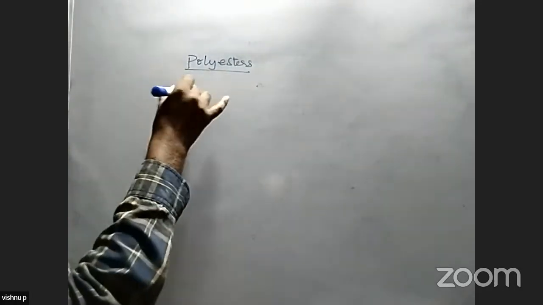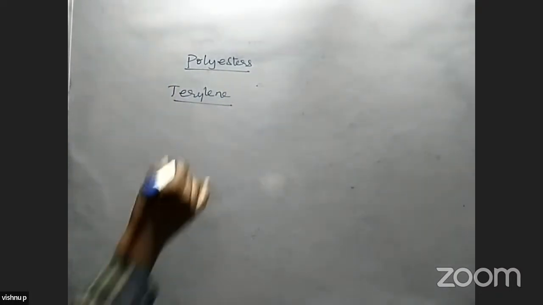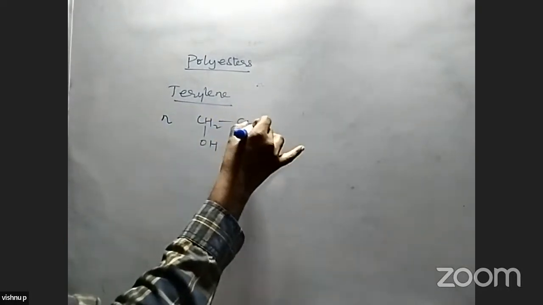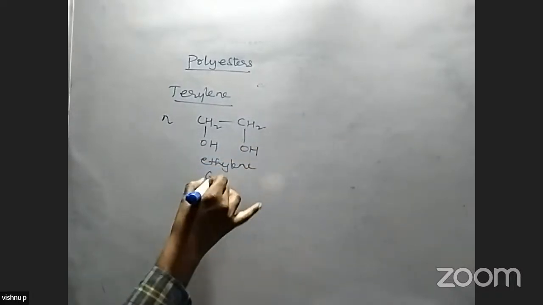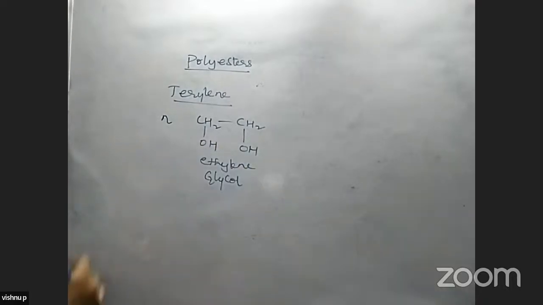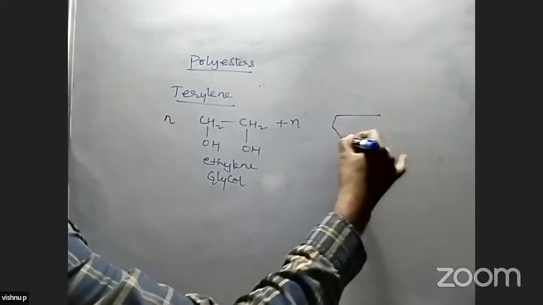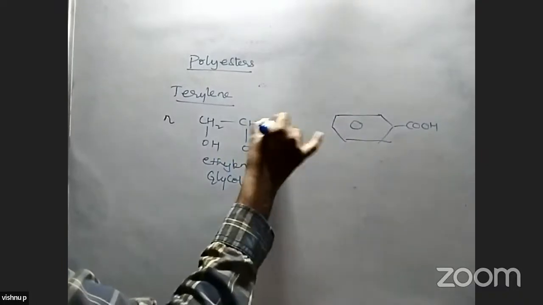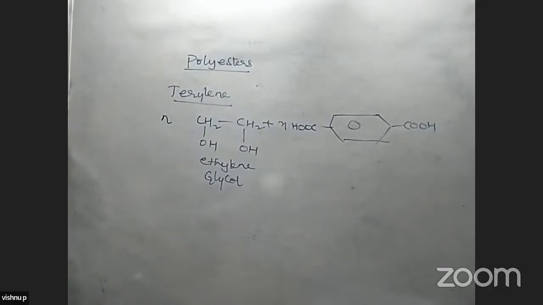The first one is called Terylene. The monomer units are n number of ethylene glycol molecules and n number of terephthalic acid molecules, used in this polymerization method.